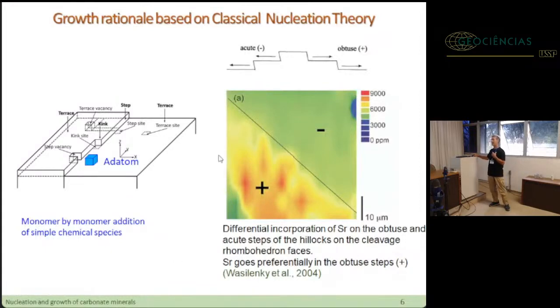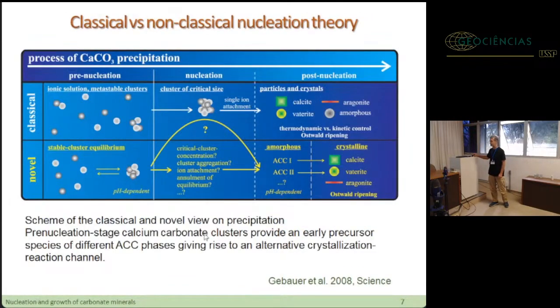And this can have the problem of differential incorporation, as we have seen in the sector zoning for strontium, because strontium, being a large ion, tends to prefer obtuse angles and obtuse sides, so it is preferentially incorporated on the obtuse sides of the growing calcite.